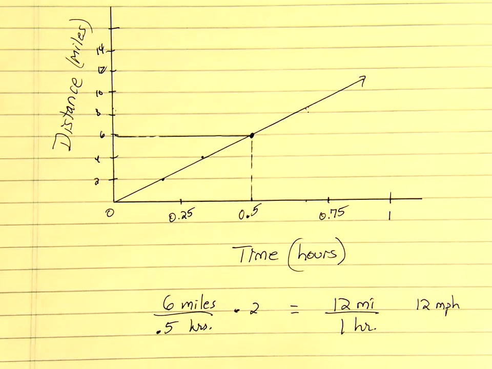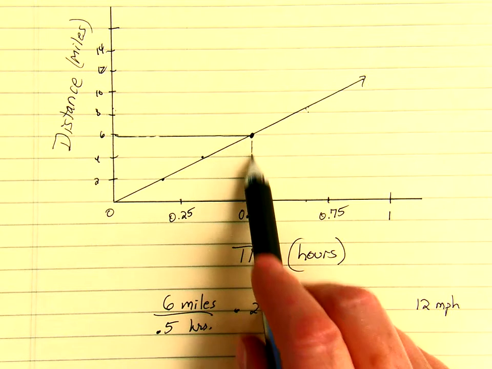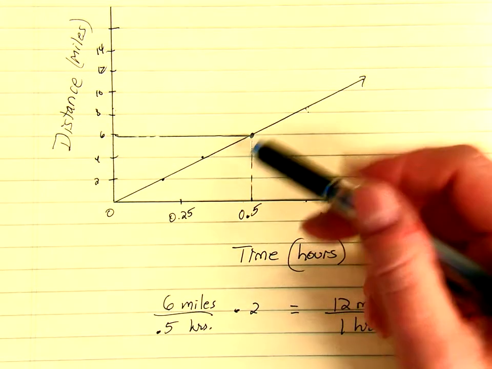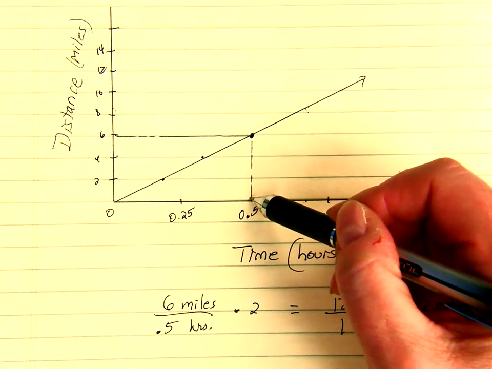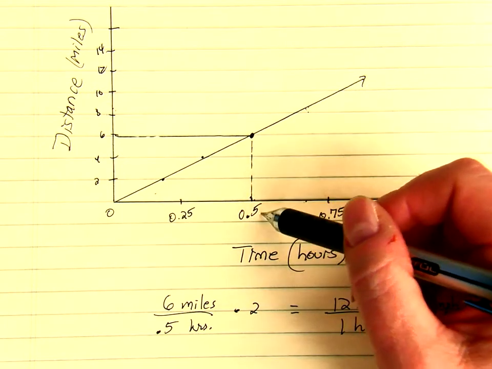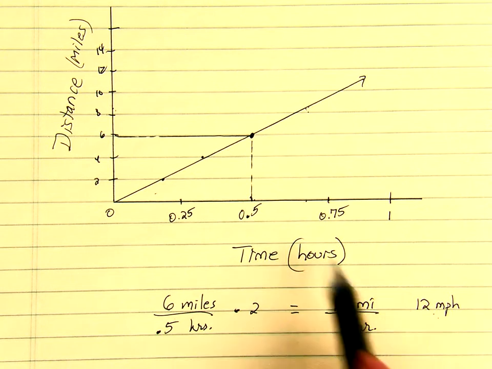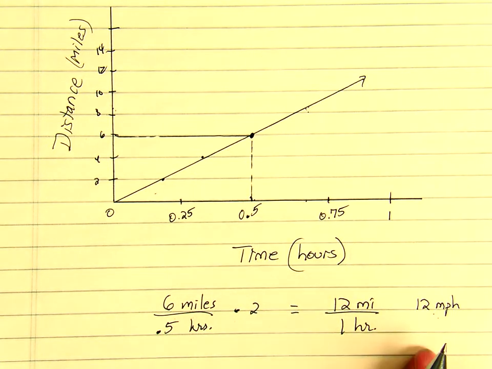Now, we've got a part 2 to this question. It is, if the graph had a slope of 10, what could you conclude about your bike ride? Well, obviously, my rise of 6 over my run of 0.5 means that my slope is 12, okay? So if my slope was 10, what could we conclude about that?